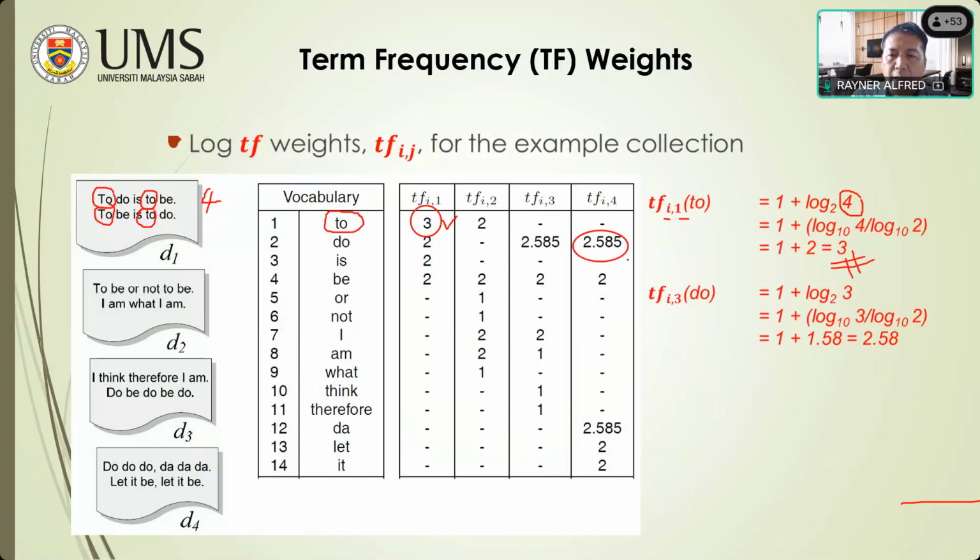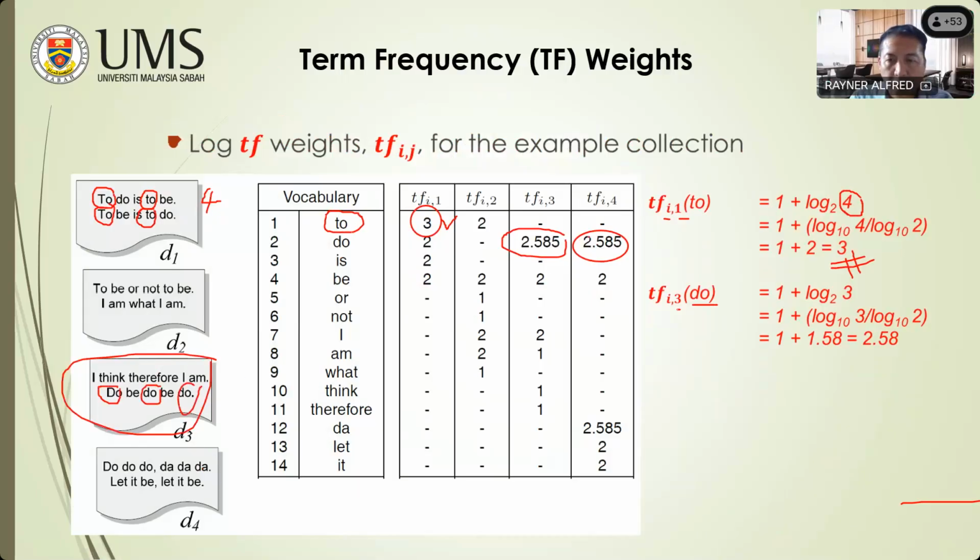If we look at another example, for example, "do" in document 3, how many times does it exist? "Do" exists 3 times.